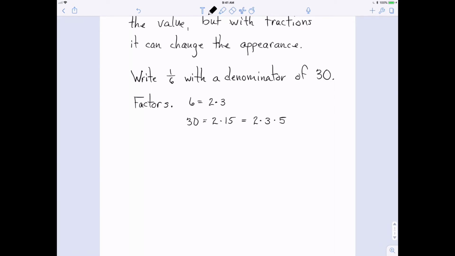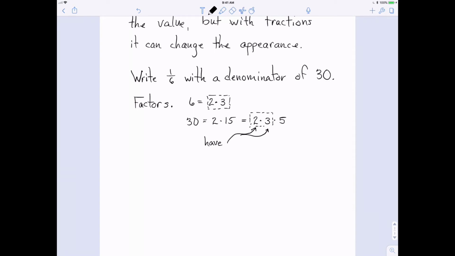Now, this is where things get interesting. Notice this. Both have the 2 and the 3. These all match. This matches with this.